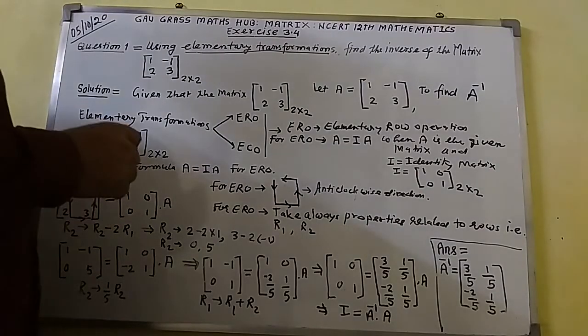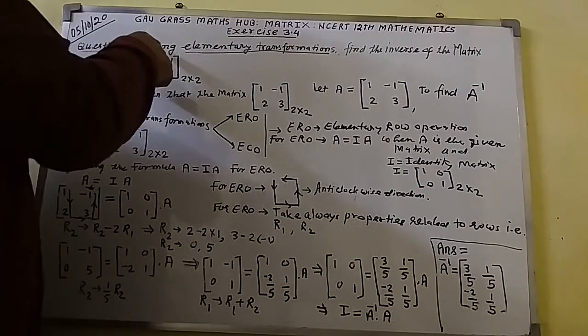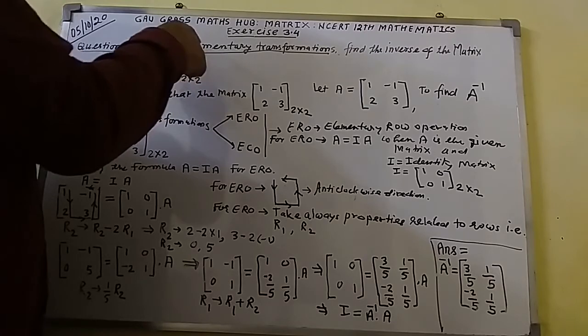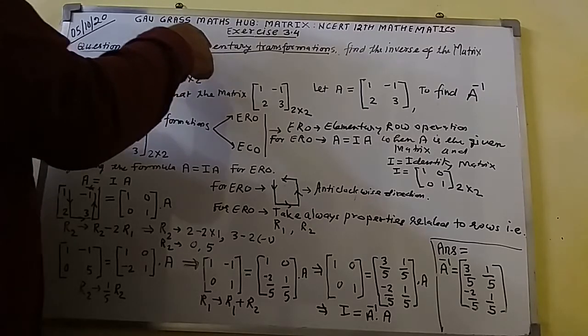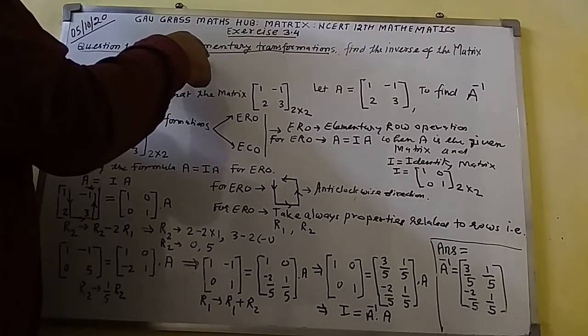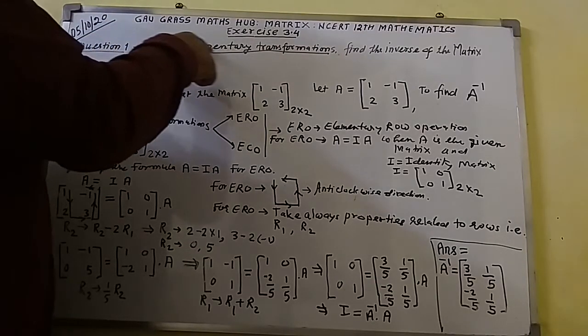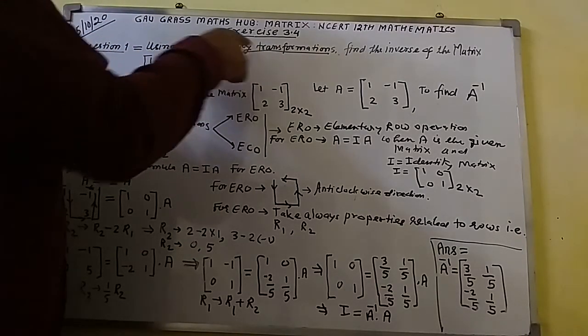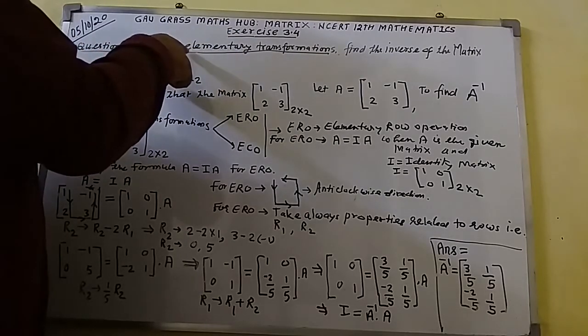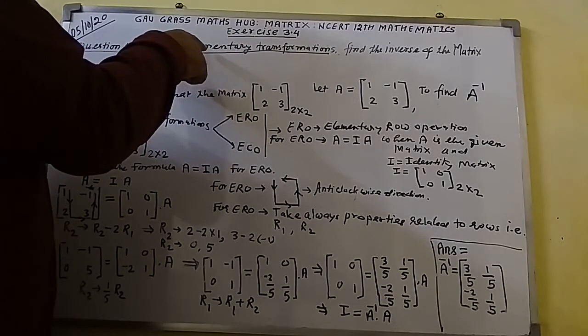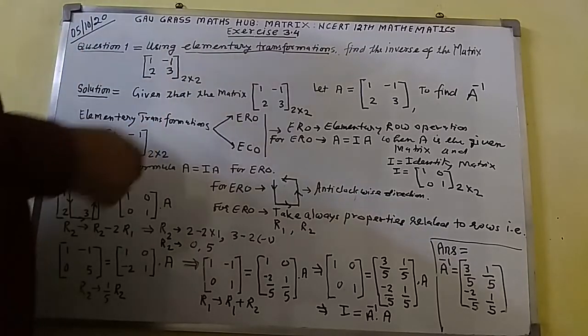For our simplification, since it is not mentioned whether row operation or column operation will be applied, we shall apply elementary row operation, because it is not mentioned that we should use column operation.